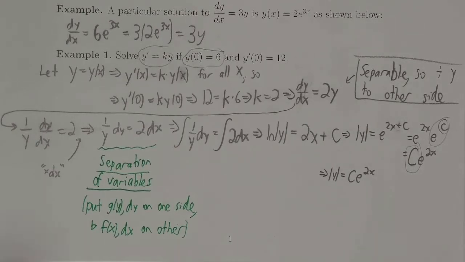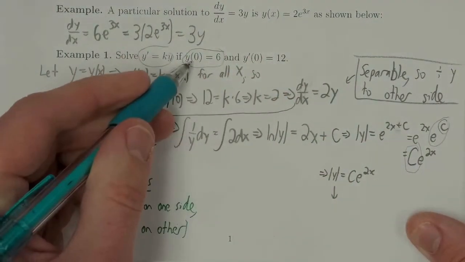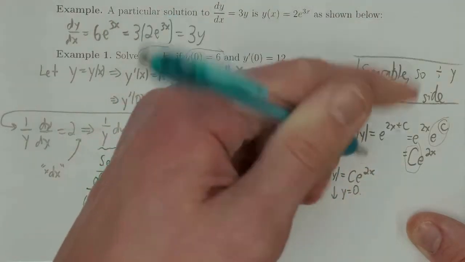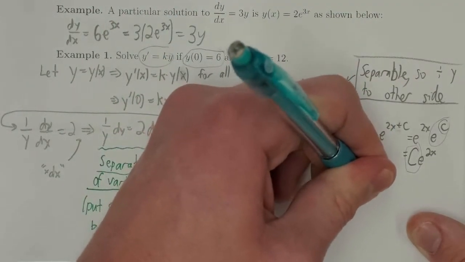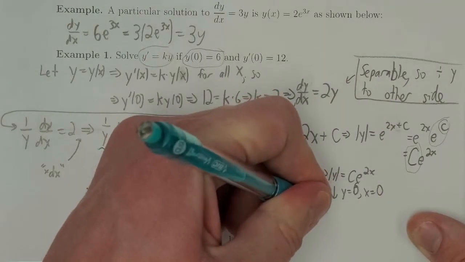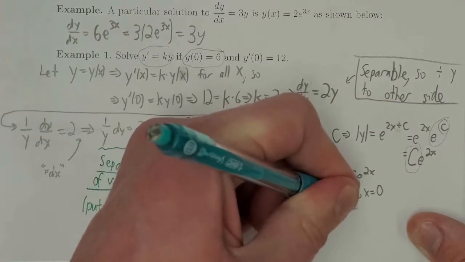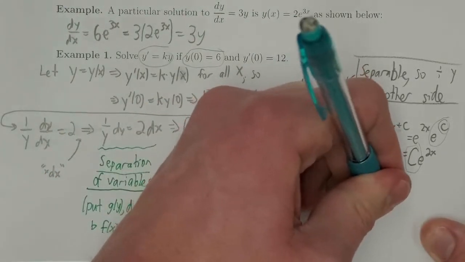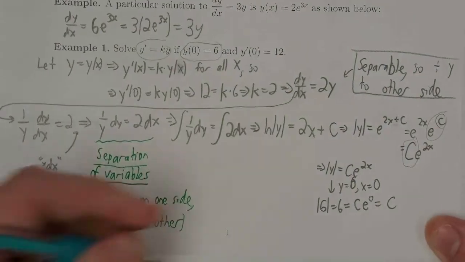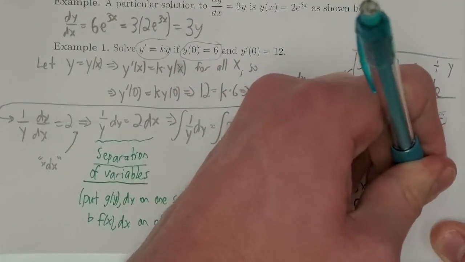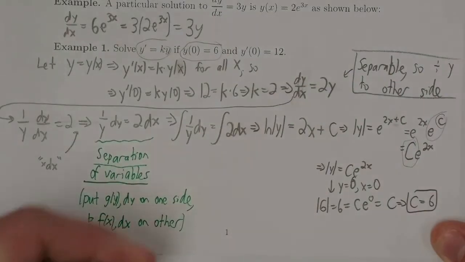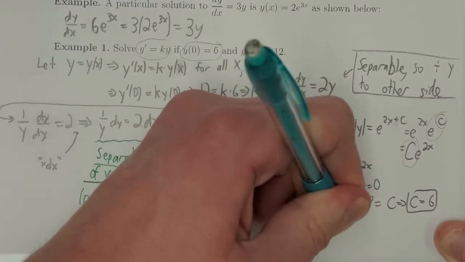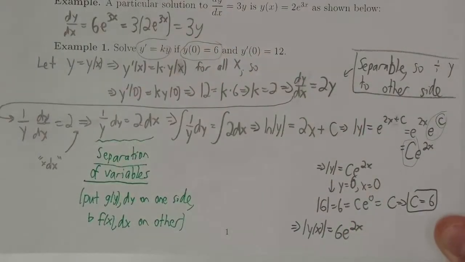So in this case, if x equals 0, that means y equals 6, right? y equals 6, and x equals 0. So in this case, we have absolute value of 6, which is just 6, equals c times e to the 2 times x, which is 0. So this is just equal to c, right? So ultimately, we have c is equal to 6 here, all right? So as a result, we have the absolute value of y of x is equal to 6 times e to the 2x. Okay?